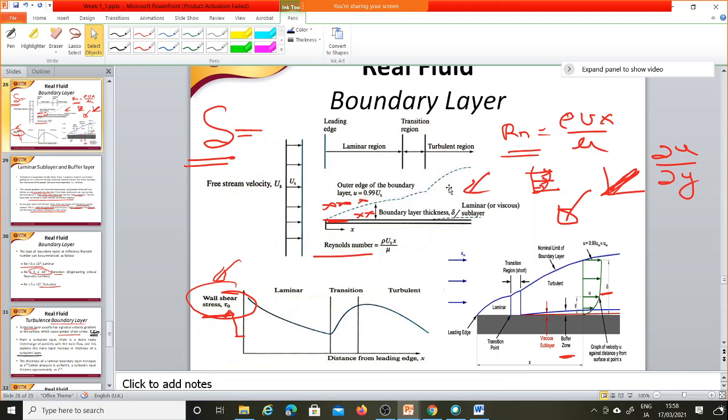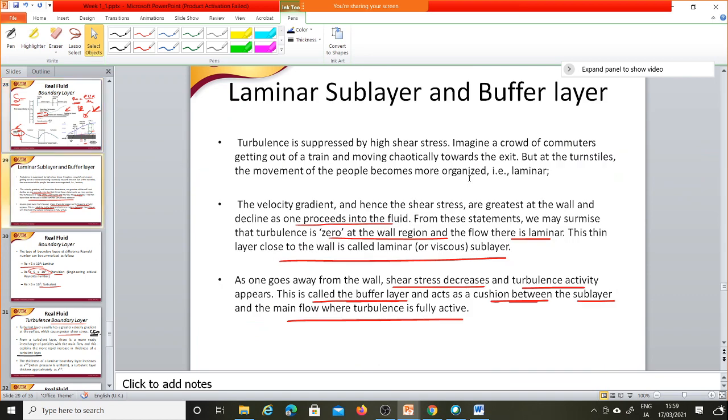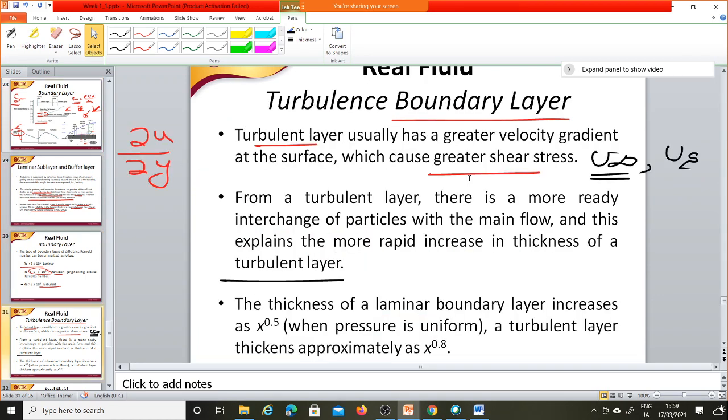It means the particles are exchanging their position, so they occupy a larger distance than in laminar flow. In laminar flow the particles also exchange position, but not like in the turbulent phase. The velocity particles exchange positions abruptly compared with the laminar one, and that increases the thickness of the boundary layer in the turbulent zone.